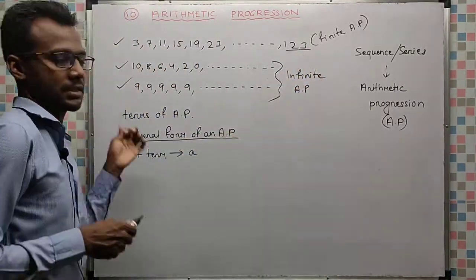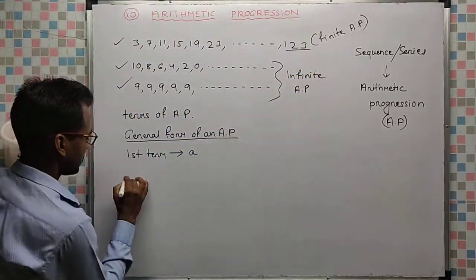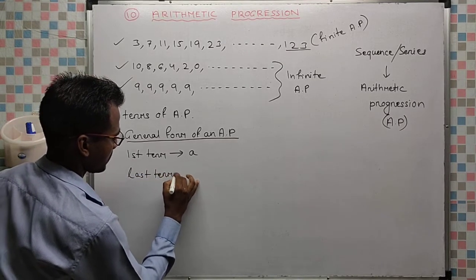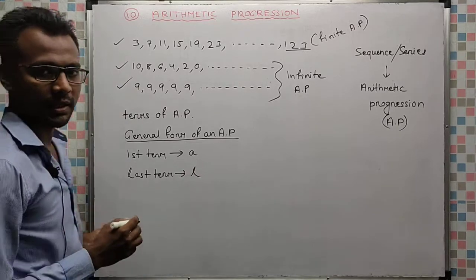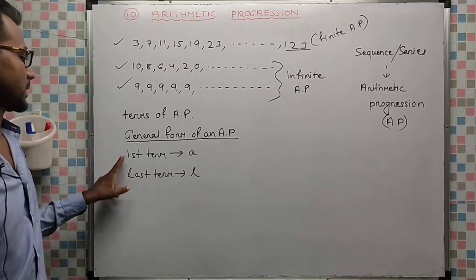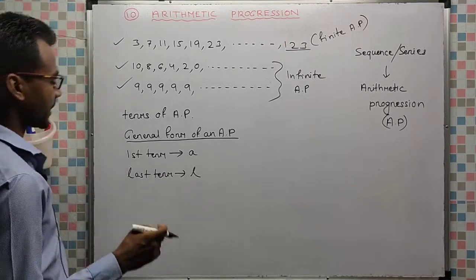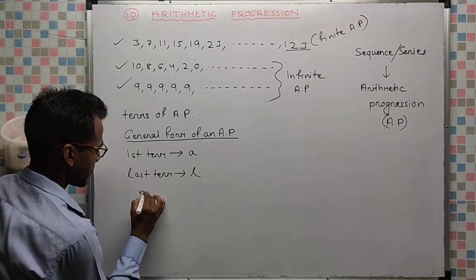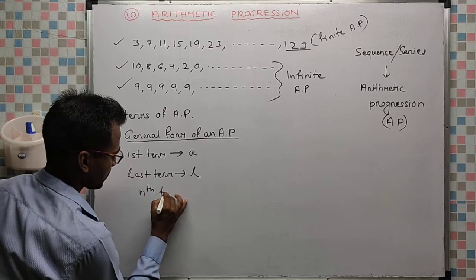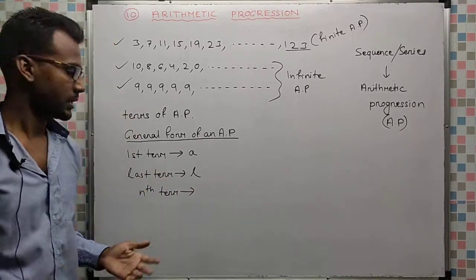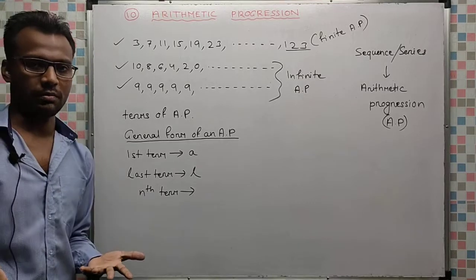Now if an AP is finite, we will have a last term. That last term is represented using the small letter l. First term small a, last term small l. Then any term, suppose nth term. n stands for any natural number.